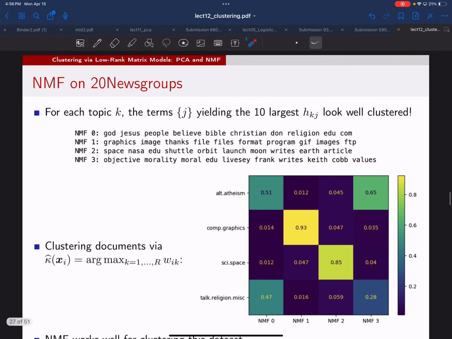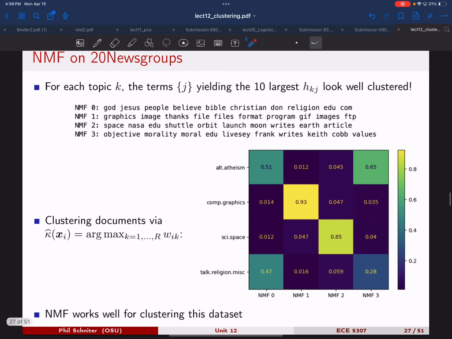Okay, so NMF on 20 news groups. Let's see how it works. We basically have, again, two good clusters, 93%, 85%, so pretty good. Not quite as good as k-means. But when we look at the other remaining clusters, both of them are pretty decent. They're splitting those two categories pretty well, and they're not polluted by these other two.